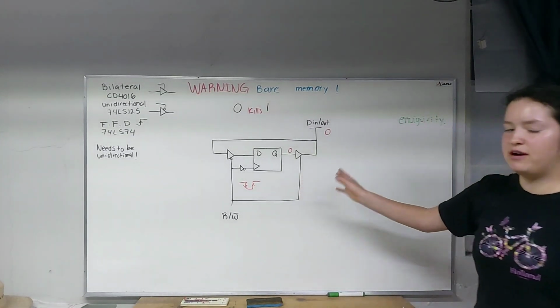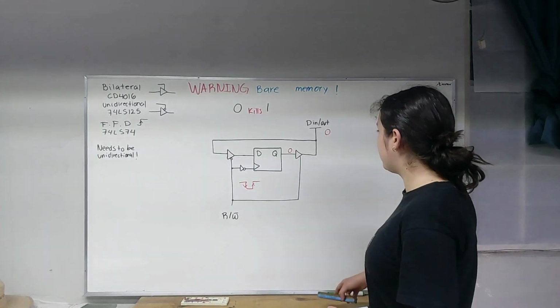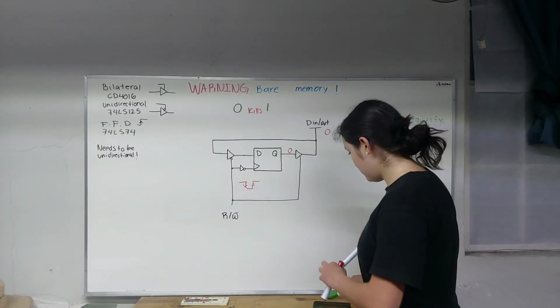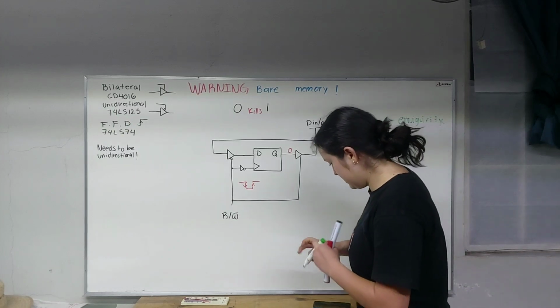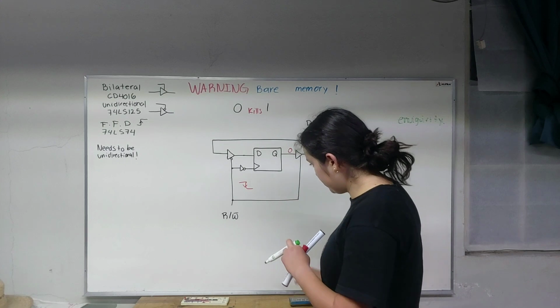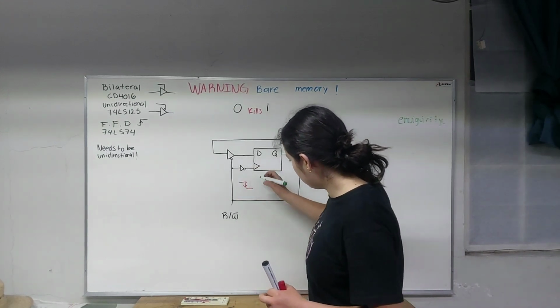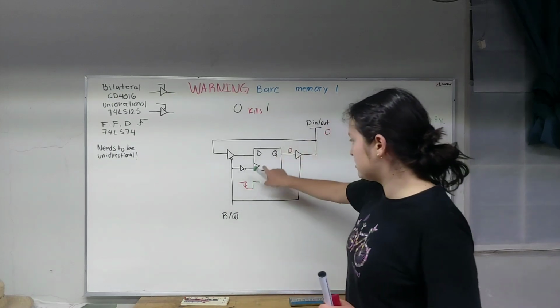So let's say I'm going to write. I could write whatever I can read, but let's say now I'm going to write a 1. I'm writing. So I put a 0, this goes to 1. This is the clock signal.